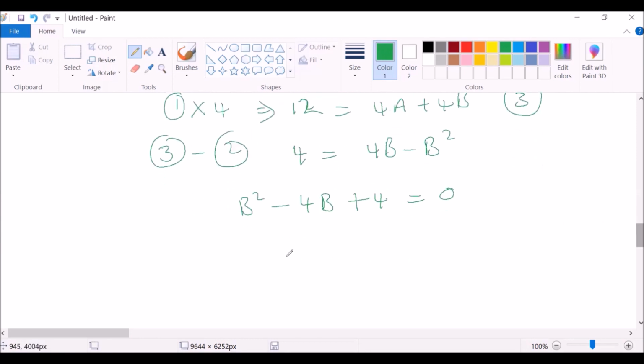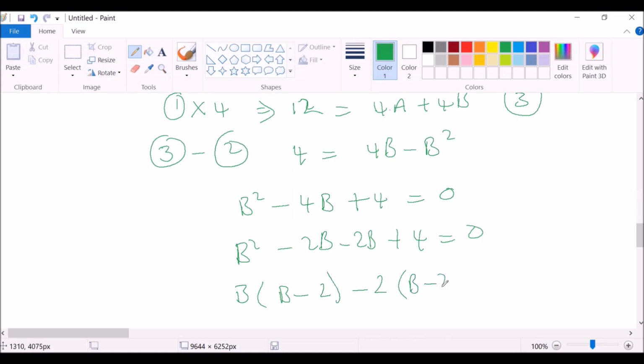Let's solve this quadratic. Then we have b squared minus 2b minus 2b plus 4 is equal to 0. Then we have b bracket b minus 2, minus 2 bracket b minus 2, is equal to 0.